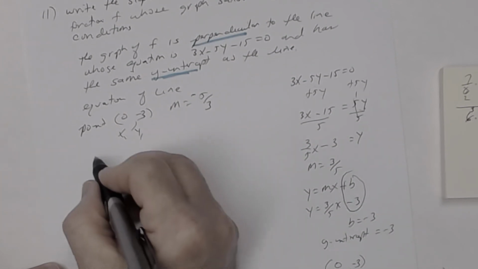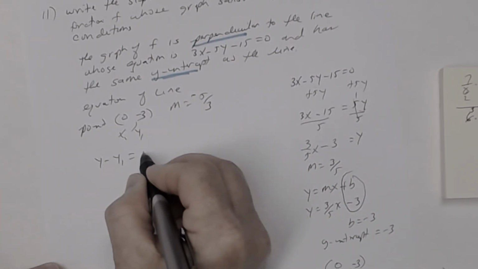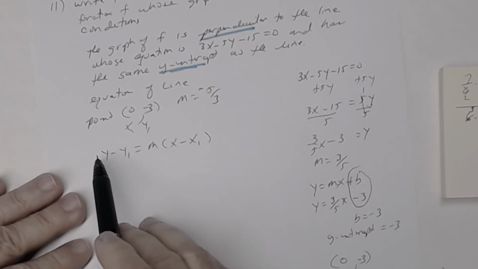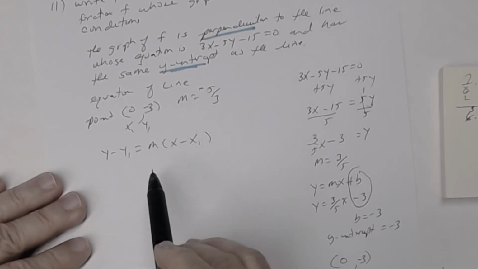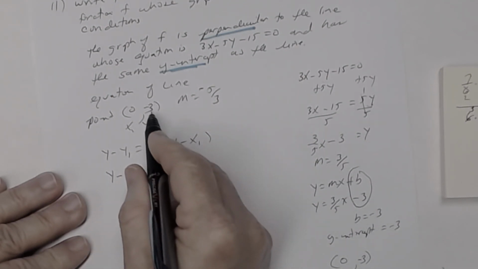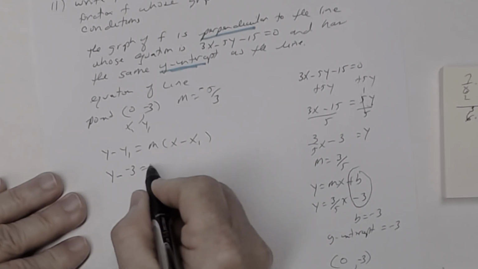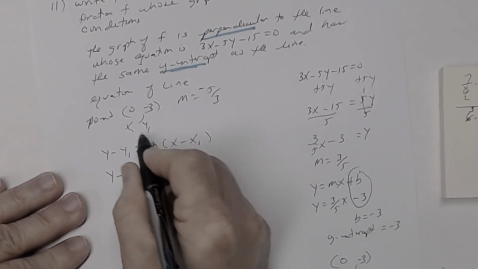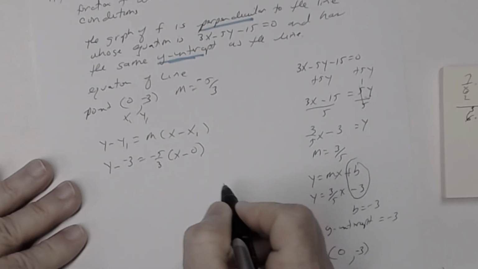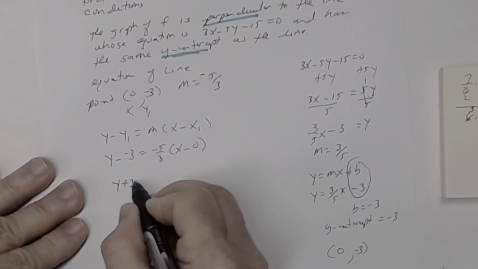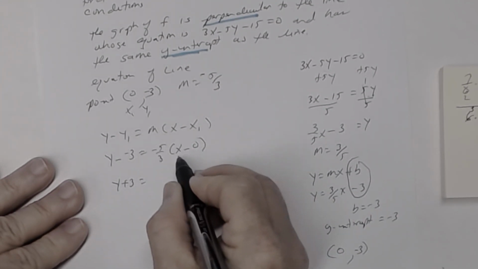You found the slope, so we get y minus y1 equals the slope times x minus x1. Remember, in every case we went straight to point-slope form. Now we substitute: y minus negative 3, which is y plus 3, equals negative 5/3 times x minus 0, and x minus 0 is just x.